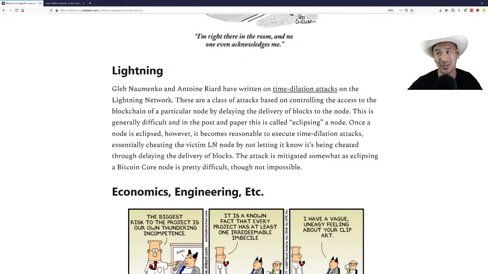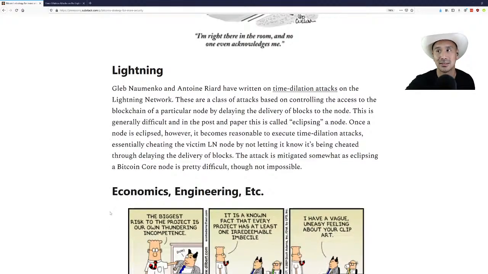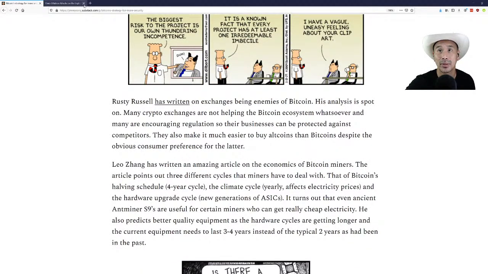So it's a particular type of attack, and right now with some of the Bitcoin Core improvements, like ASN bucketing and things like that, it makes it more difficult. But it is an attack, and figuring out how to make it more difficult to execute an attack like this is an ongoing research project.